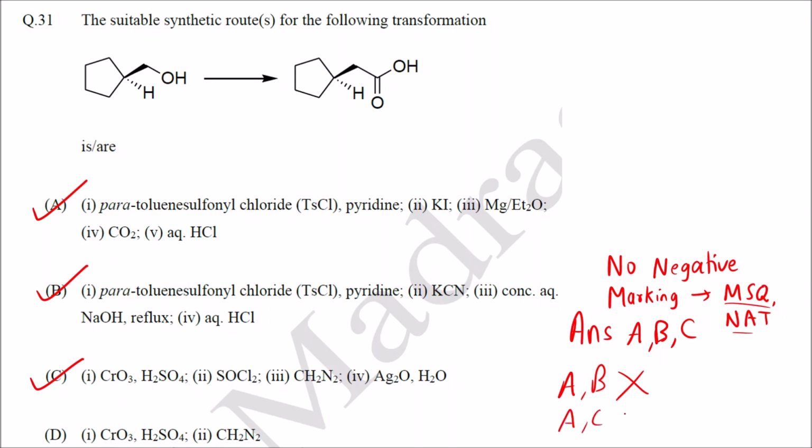If you mark A and C, incorrect. If you mark only A, incorrect. Suppose you mark all the four A, B, C and D, again incorrect. So you have to select the correct option and all the correct options. Okay, so that is why MSQ becomes a little tricky. You have to mark all the correct answers or you will not get the credit.